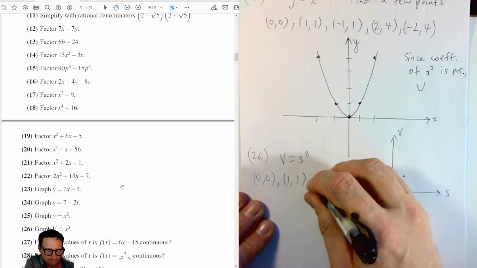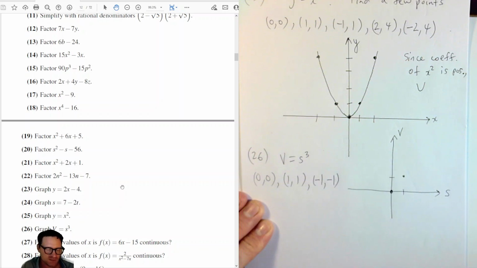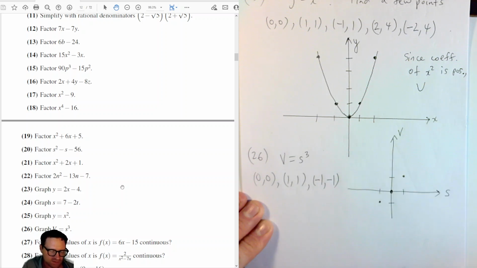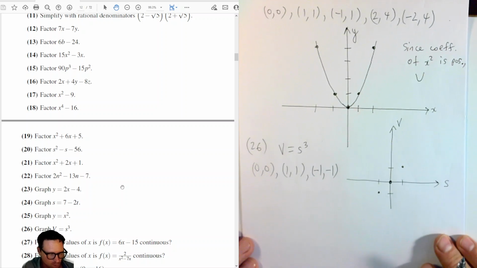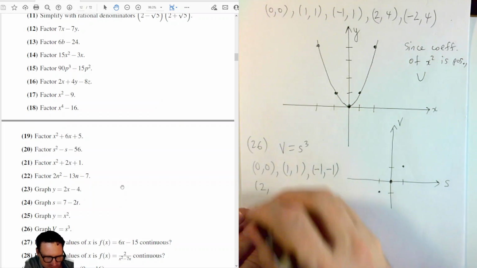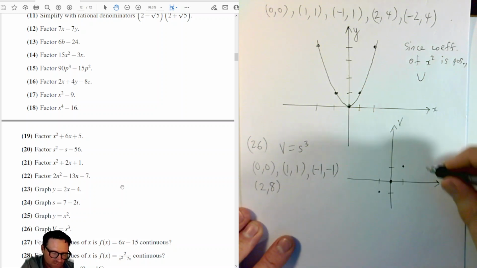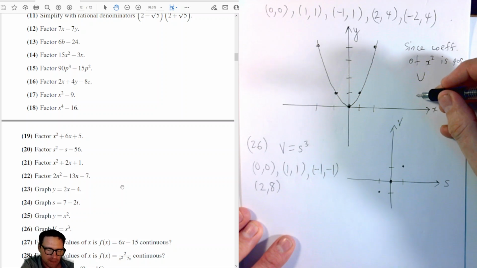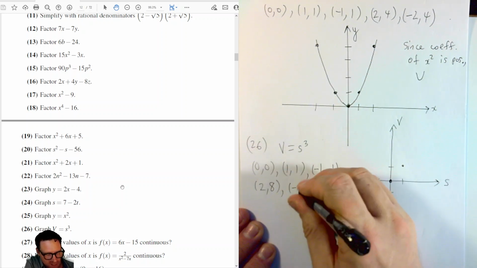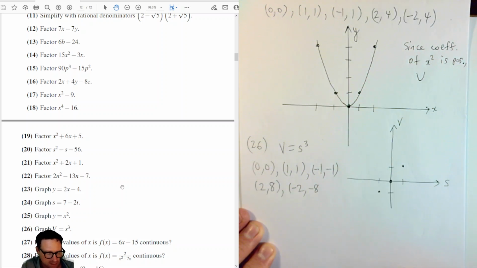We have the point minus 1, minus 1, because minus 1 all cubed is minus 1. Okay, so that's 3 points so far. Let's look at what happens when s is 2. When s is 2, 2 cubed is 8. So that would be way up here. Okay, and so when s is minus 2, you have minus 8. That's way down here.